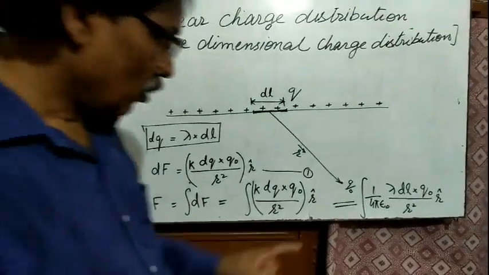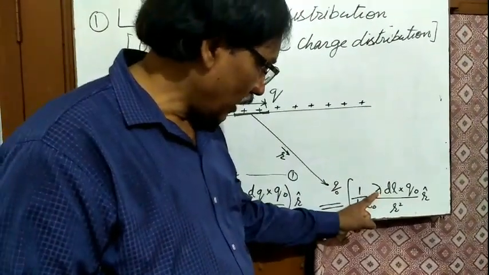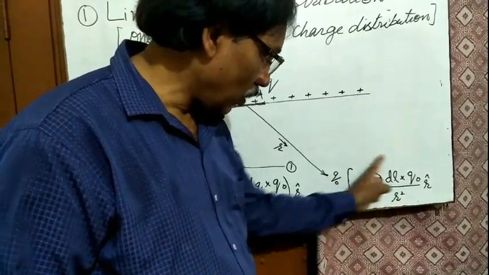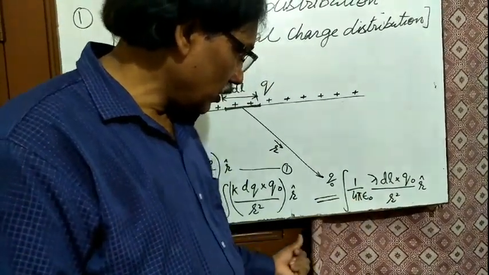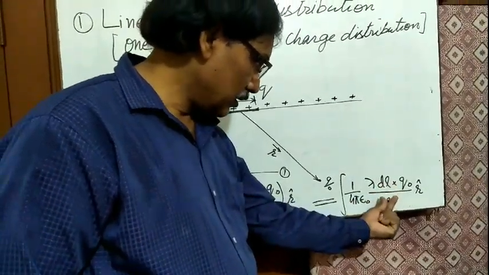Now here 1 by 4 pi epsilon naught, lambda, and Q naught by r square, all these are constant. The only changing thing is this dl.